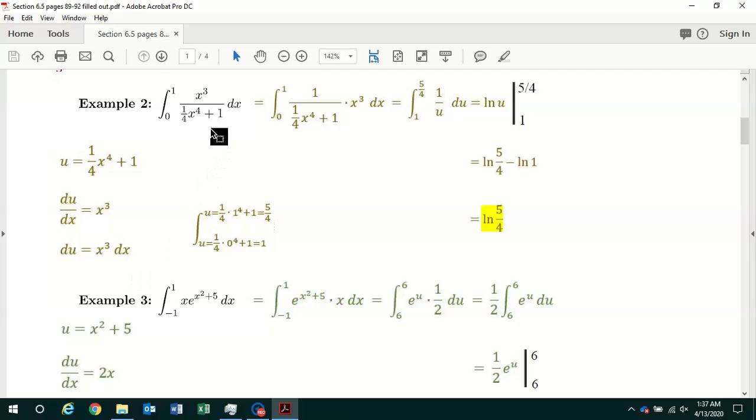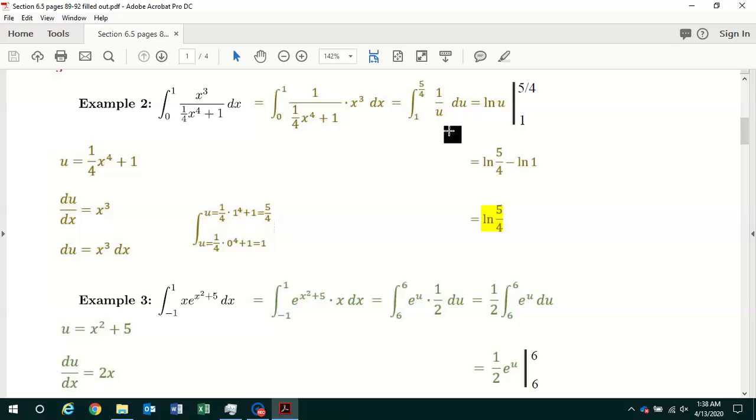All right, so now this quotient up here can be written as the product of two quotients, as 1 over 1/4 times x to the fourth plus 1 times x cubed over 1, and x cubed over 1 is just x cubed. And now we do the u substitution. We replace 1/4 x to the fourth plus 1 with u, and so we have 1 over u, and then we can replace the x cubed dx with du.